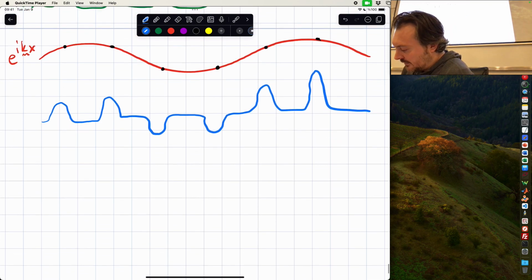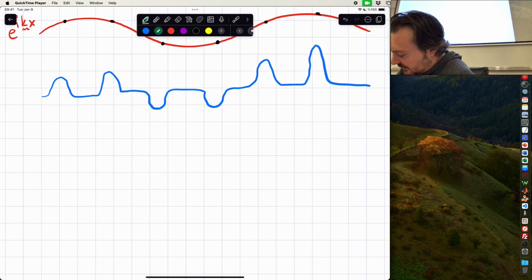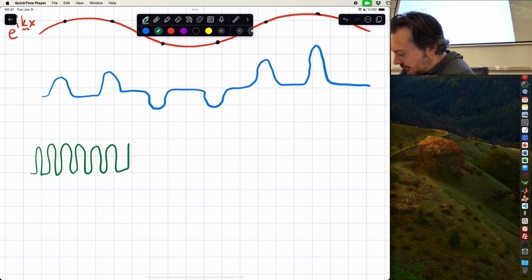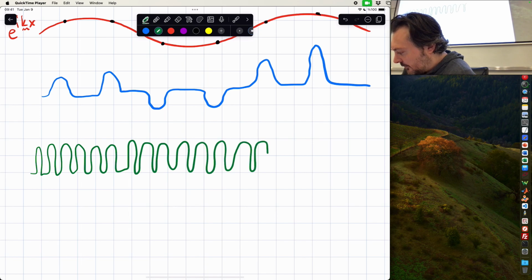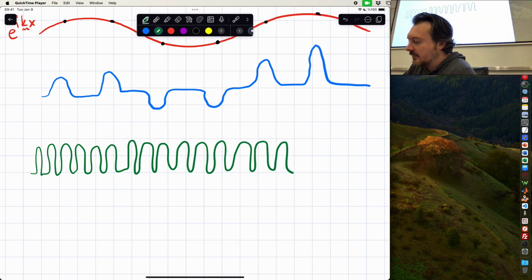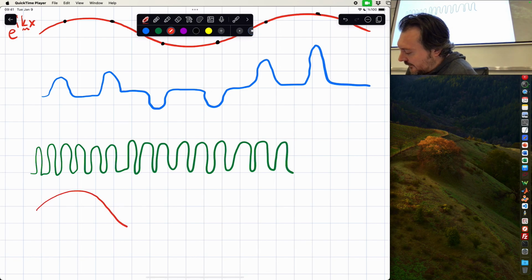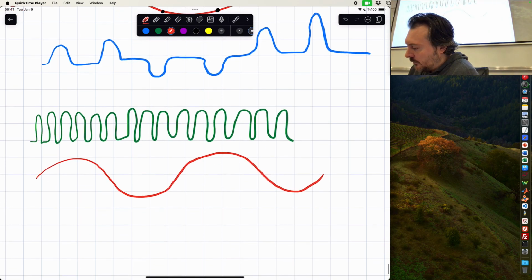Let me make it more clear. Let me make the green curve much more regular, like this, okay? The red curve is like this. So what do you get?